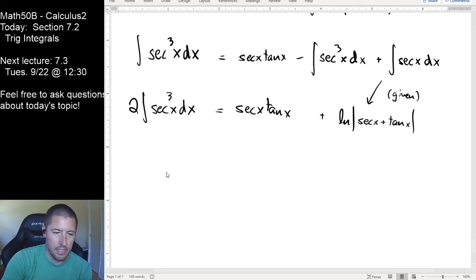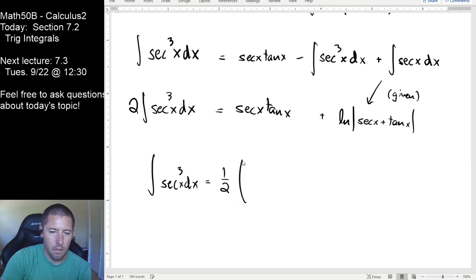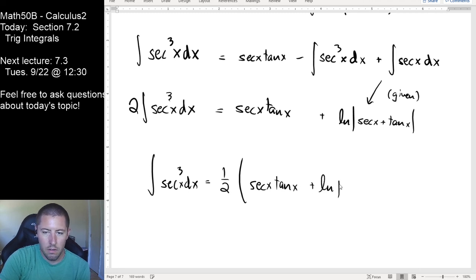So it looks like we're basically done here. I'm just going to divide both sides by 2. And I guess there should probably be a plus C in this whole thing.